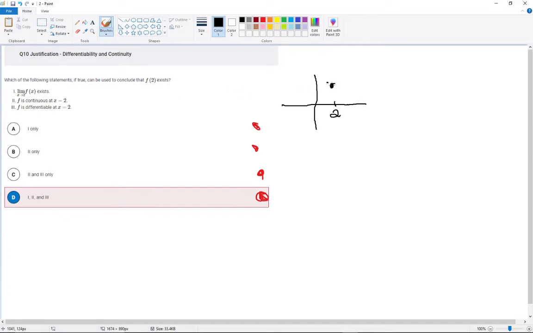So let's picture a continuous function. For example, you have a continuous function. The limit does exist, but when you're talking about the limit as x approaches 2, when justifying that a limit exists, it's more like determining continuity.